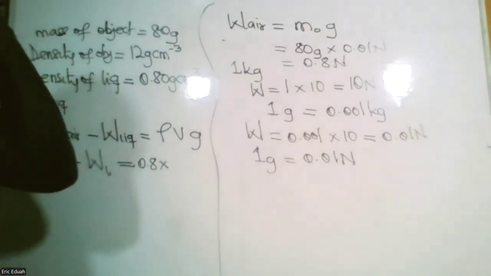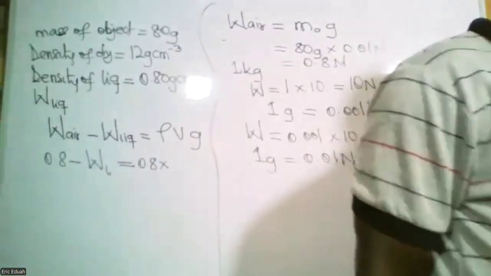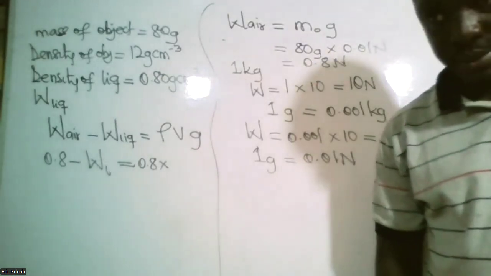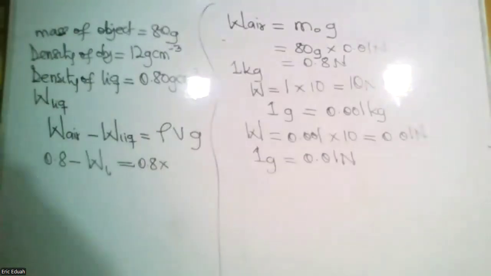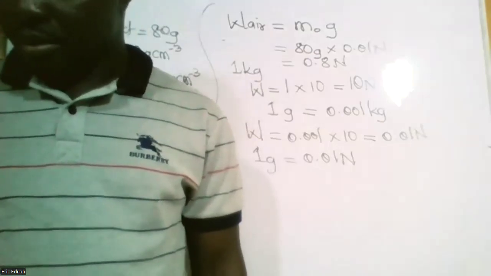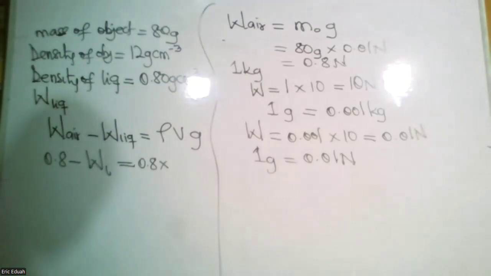Volume of the part of the object submerged in water or in the liquid. So I got the volume to be 100 centimeter cube.